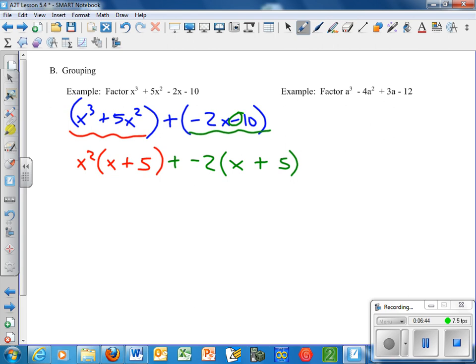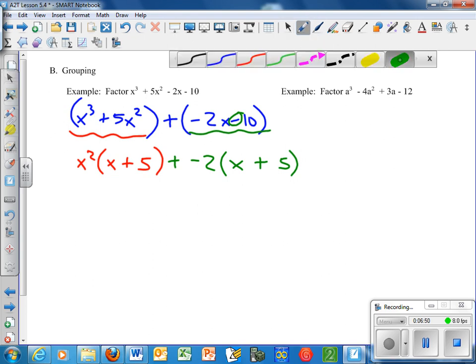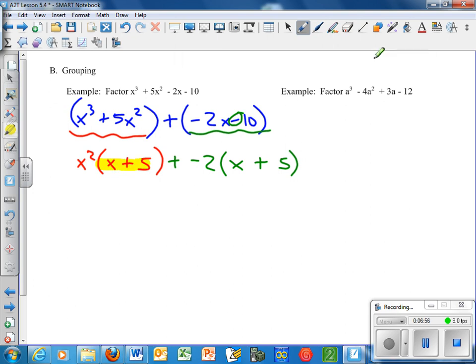Now I want you to notice this right here. Okay, let's use yellow here. I want you to notice what's common right here and right here. Your binomial factor, or 2-term factor, of x plus 5.